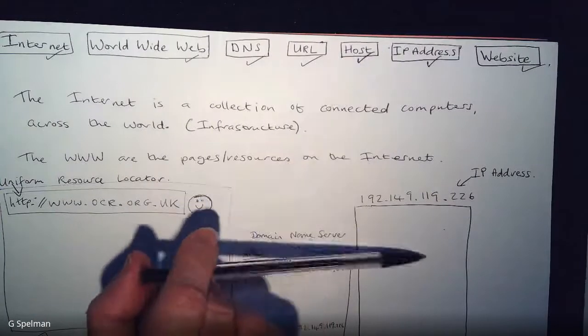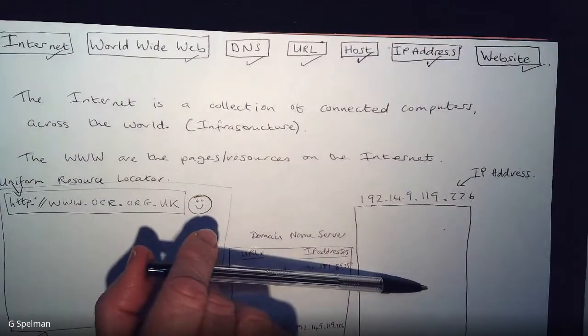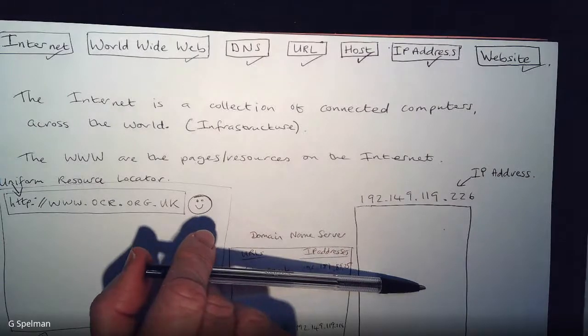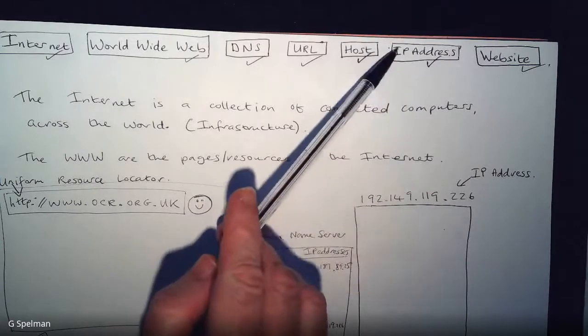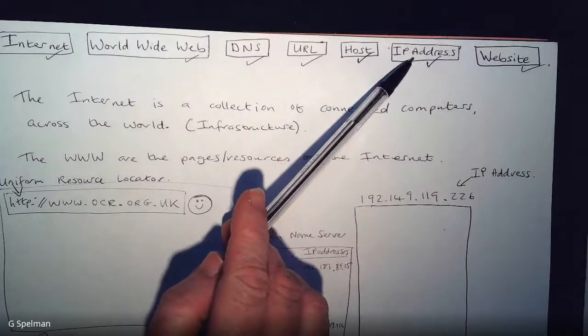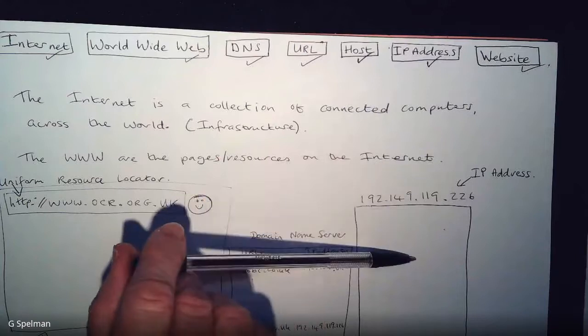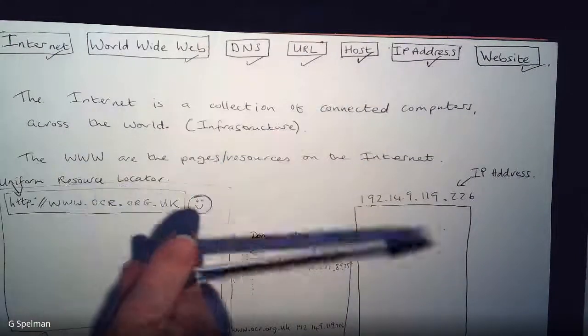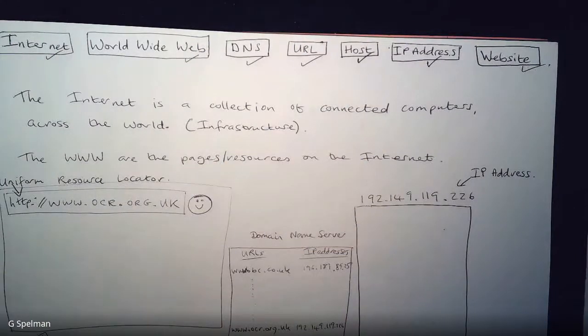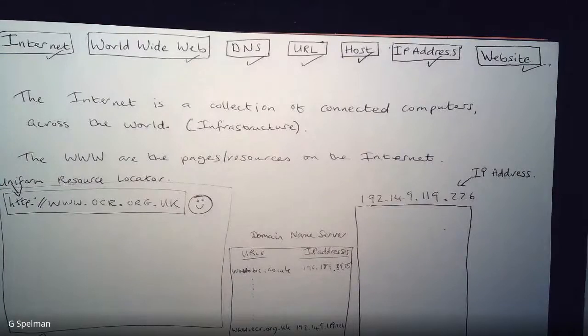Talked about a host computer as a particular resource or service on the internet, and we looked at the IP address. Each device on the internet has an IP address, its own unique address. And of course, we talked about the website. So that's quite a lot of internet terminology for this lesson.